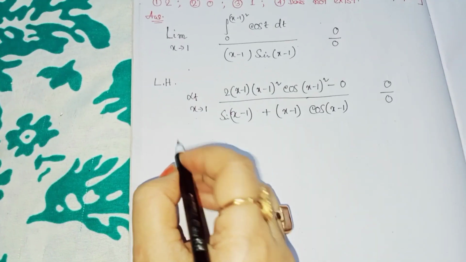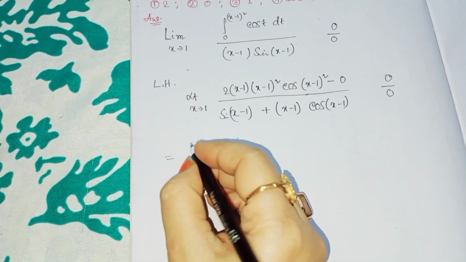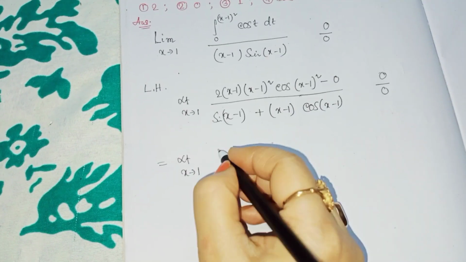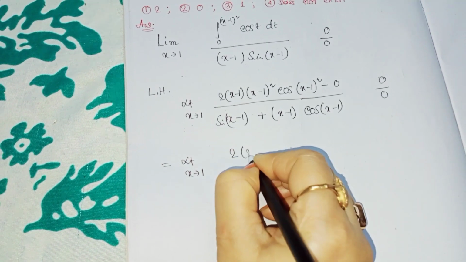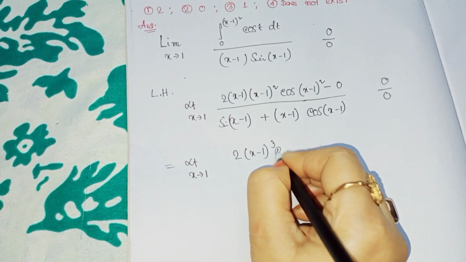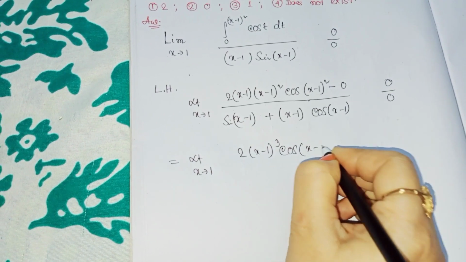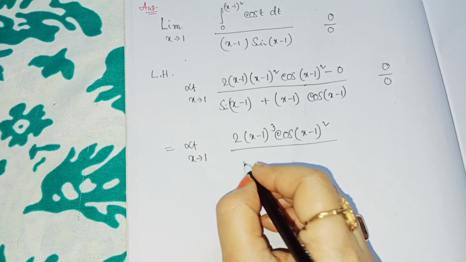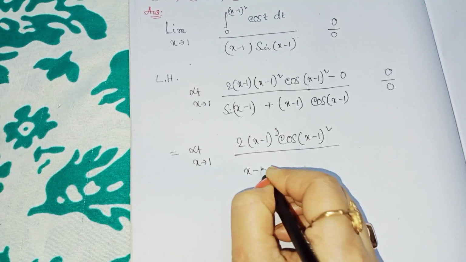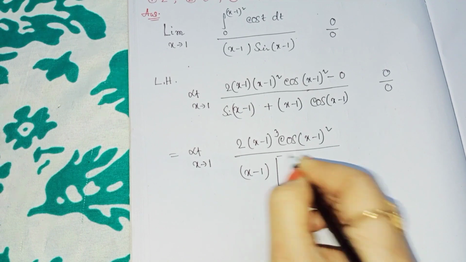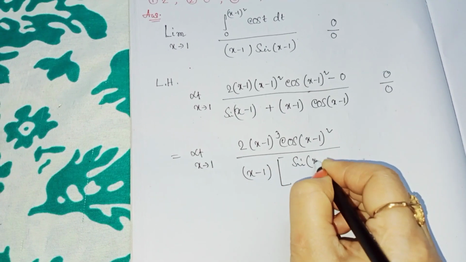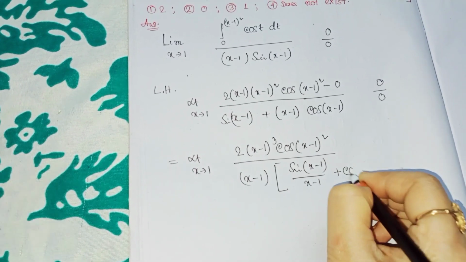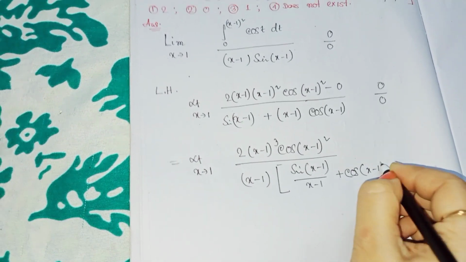So now taking common, it is limit x tends to 1, 2(x minus 1) cos of (x minus 1) whole square, divided by, in the denominator we take common (x minus 1), so it becomes sine of (x minus 1) divided by (x minus 1) plus cos of (x minus 1).